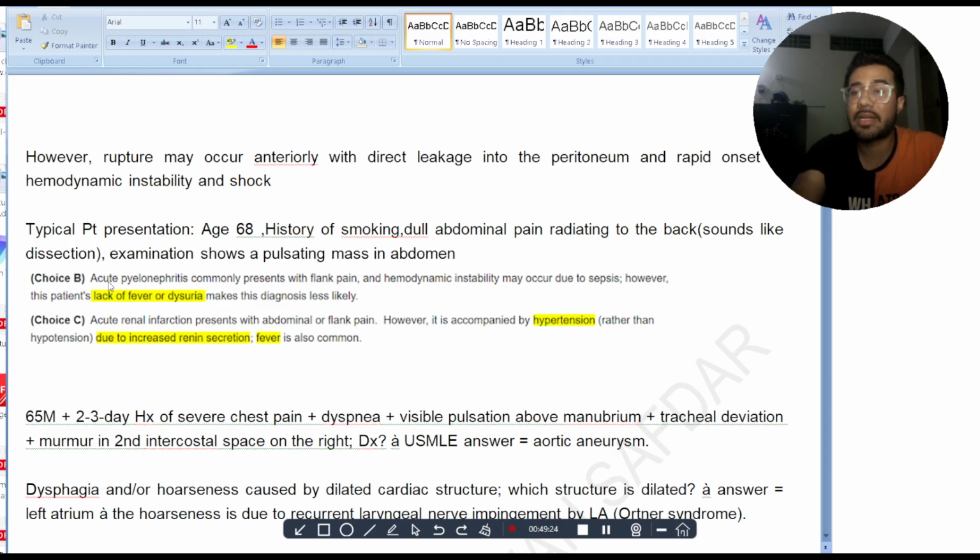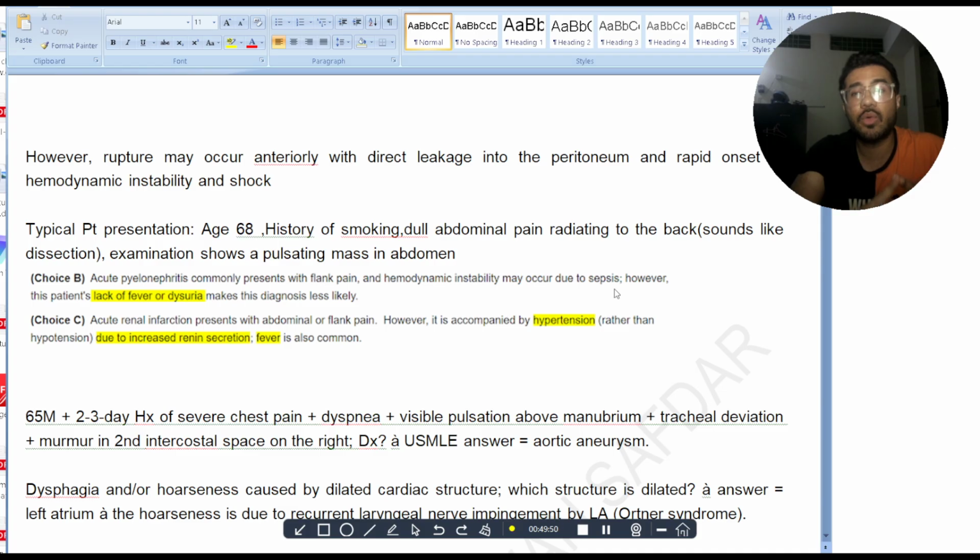Acute pyelonephritis: fever, leukocytosis, flank pain. Yeah, it also sounds a little bit similar to abdominal aortic aneurysm rupture when it comes to the location of the pain, but there would be no hemodynamic instability here. In addition, you will get leukocytosis and fever. It commonly presents with flank pain, and hemodynamic instability may occur due to sepsis.